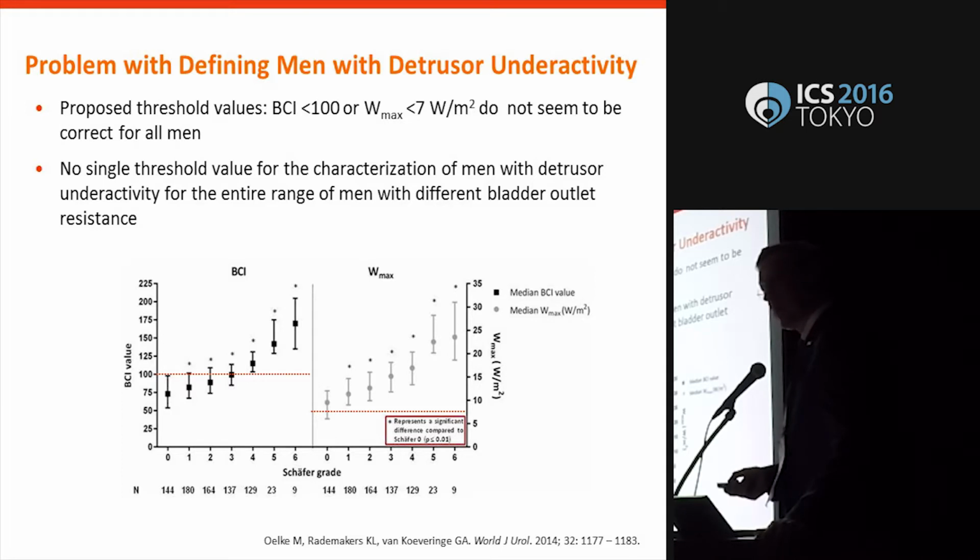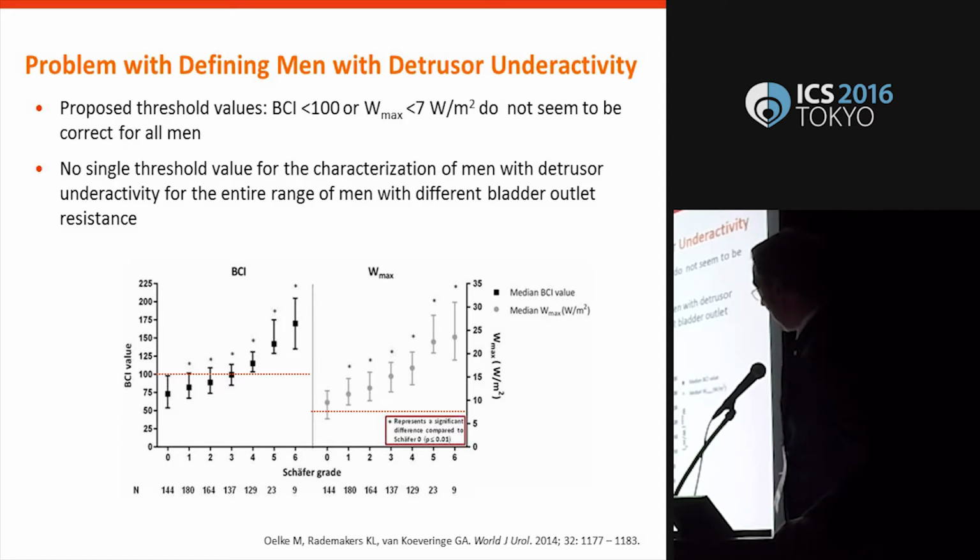We have done this in our database, and you can see here the line at 100, and everybody under this line would be detrusor underactive. These are all patients with Schäfer grade 0 and Schäfer grade 1. So all the non-obstructed would be detrusor underactive. This is highly unlikely, isn't it? And the great majority of Schäfer grade 2 is also detrusor underactive.